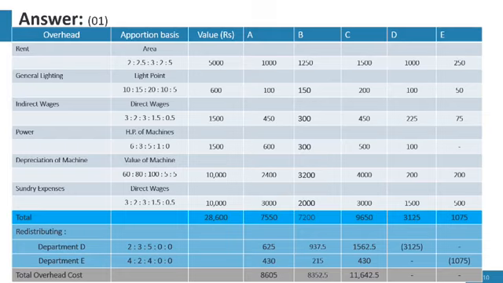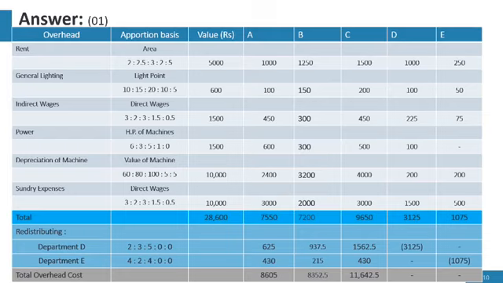General lighting is apportioned based on the number of light points. Indirect wages and sundry expenses are shared in proportion to direct wages. Power cost is allocated based on the horsepower of machinery. Depreciation is distributed based on the value of machinery in each department. After applying these bases, we prepare the statement of distribution of overhead. This statement shows how the total expenses are allocated among the 5 departments.